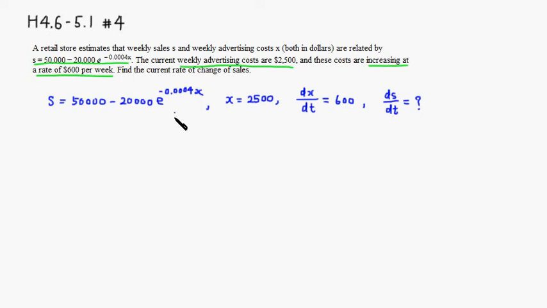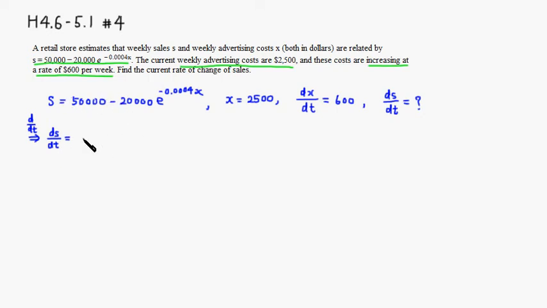First we need to take the derivative. So take the derivative with respect to t, d over dt. The derivative of S is ds over dt, which is equal to, the derivative of the constant is 0.